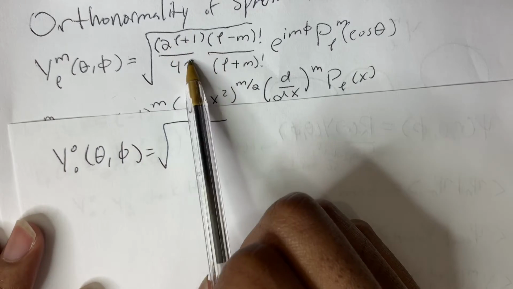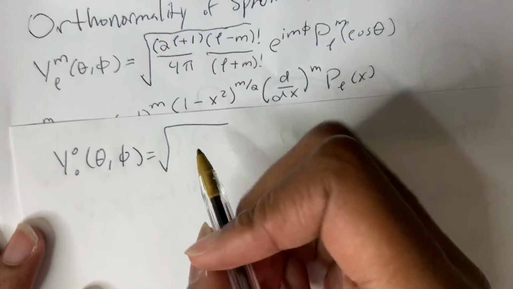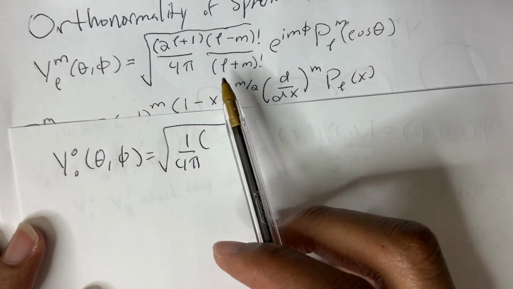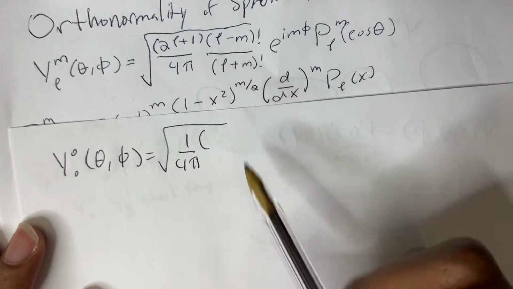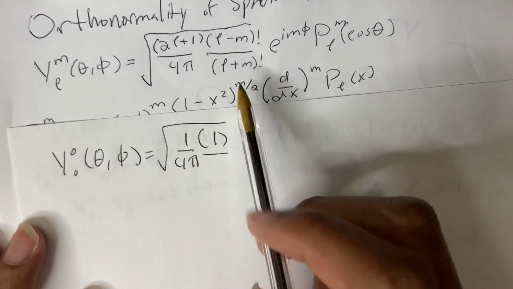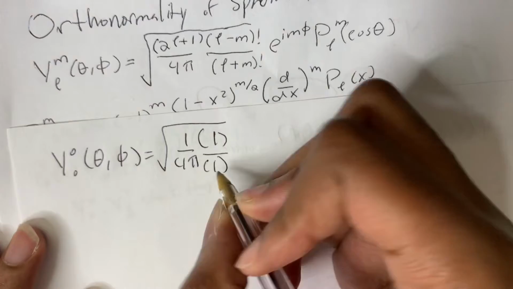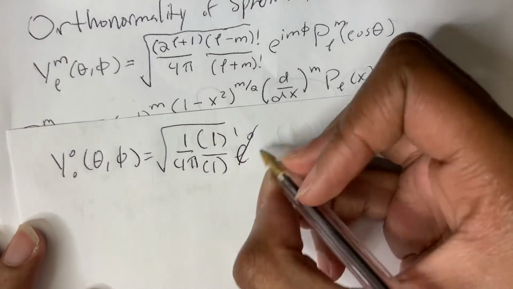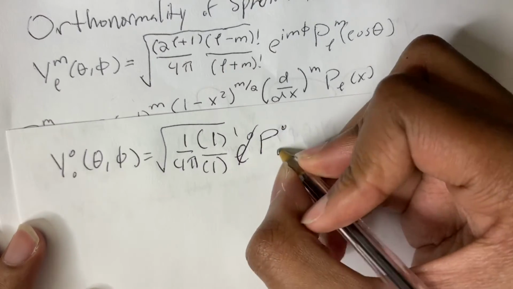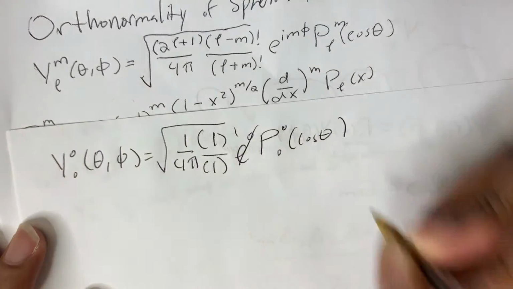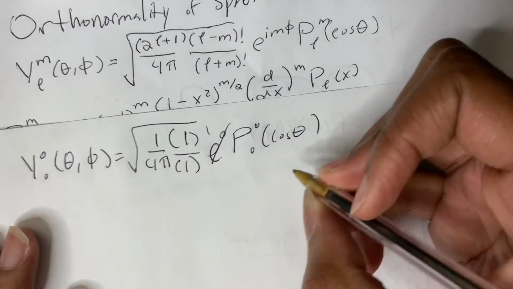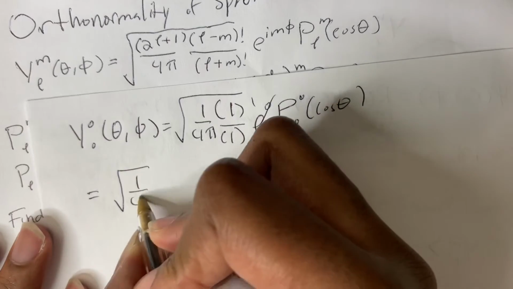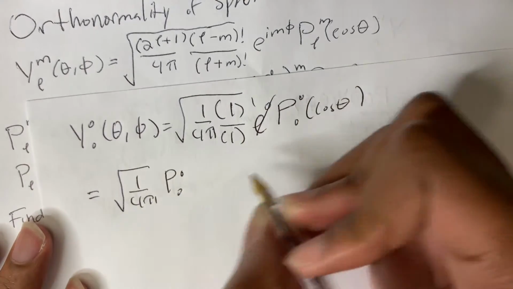So you have 0 plus 1, so you have 1 over 4 pi, times, well, now you have 0 minus 0 factorial, that's 1, over 0 plus 0 factorial, which is also 1, e to the naught, so that's just 1, P naught naught of cosine theta. So this really simplifies down to the square root of 1 over 4 pi times P naught naught of cosine theta.